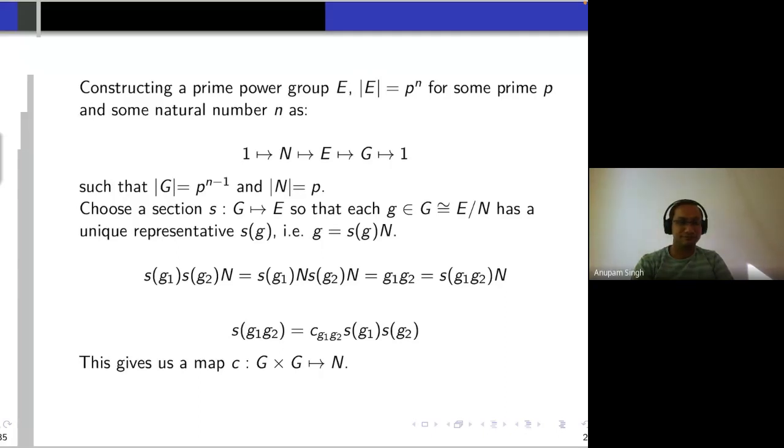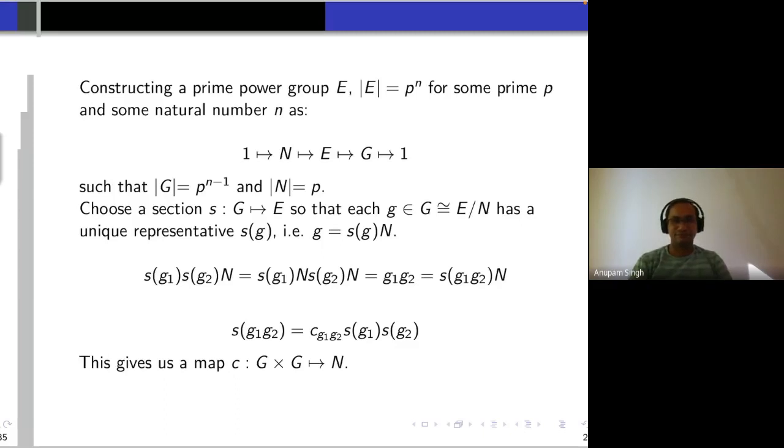Why are we interested in Schur multiplier? Suppose we are interested in constructing a prime power group, that is a group of order p to the power n for some prime p and some natural number n, as a central extension of a group of order p to the power n minus 1.